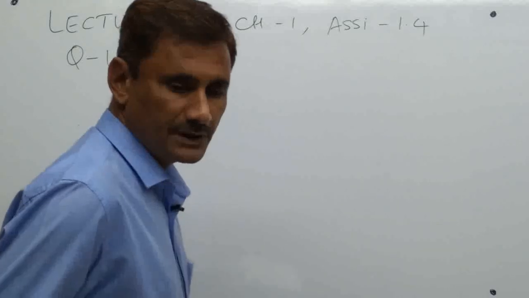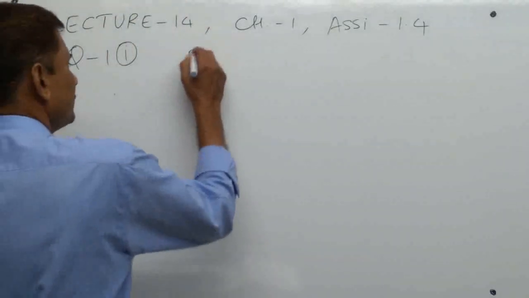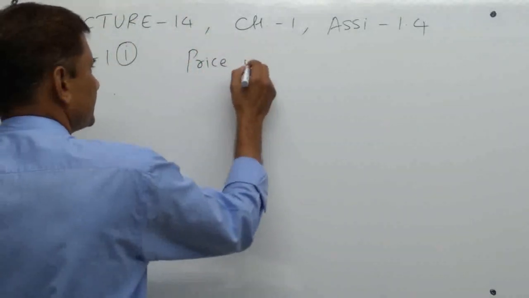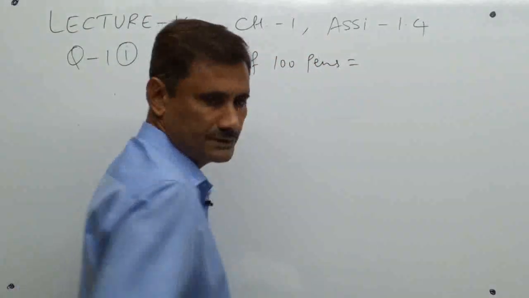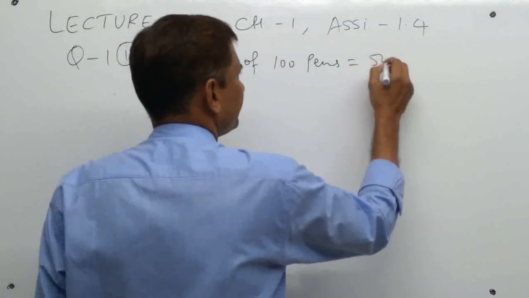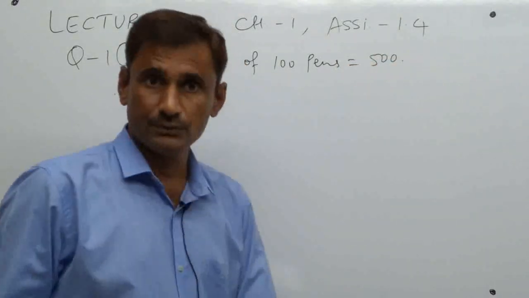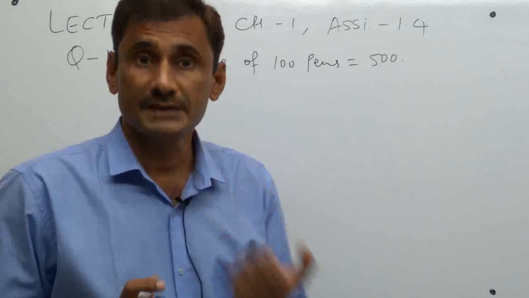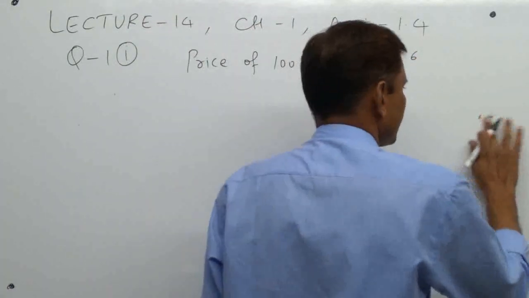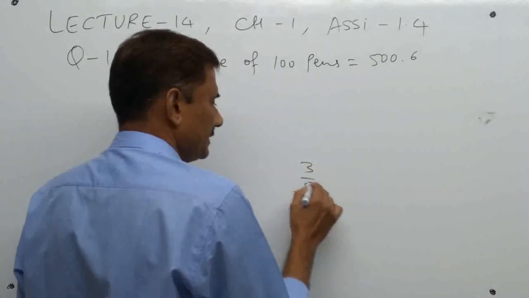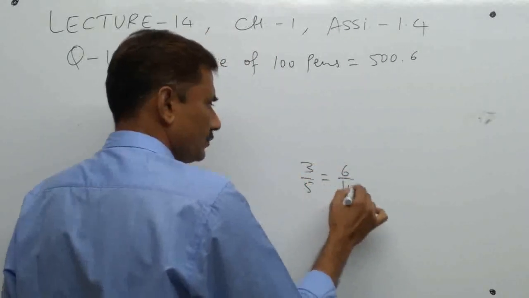So the price of 100 pens is given. Write down: price of 100 pens equals how much? 500 and 3 by 5 means what? 500.6. Why? You know 3 by 5: I can make it 6 by 10 to get it easily.